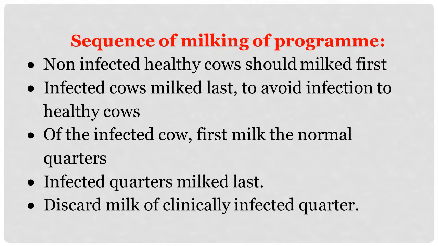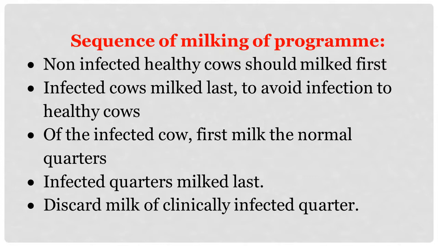Then infected cows are milked last, so that the infected cow may not transmit infection to the healthy cows. You milk the healthy cows first, then the infected cows last, to avoid infection to the healthy cows. Remember, this step is very important.